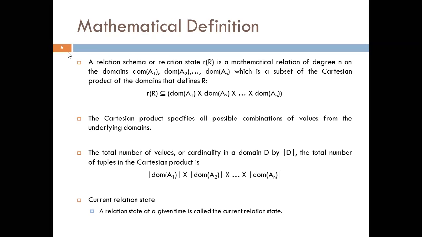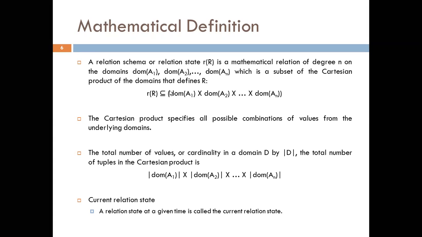A relation is any state of a relation R. It is a subset of the Cartesian product of all possible values of the attributes, and the possible values of an attribute come from the domain of that particular attribute.